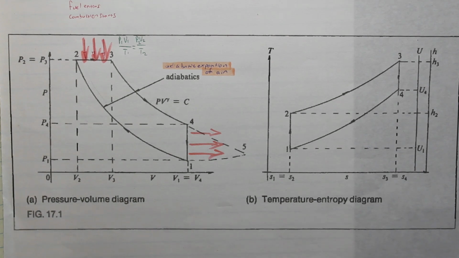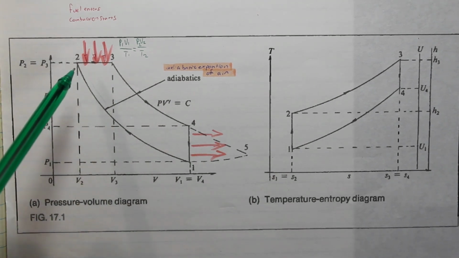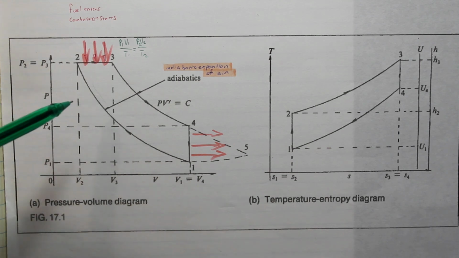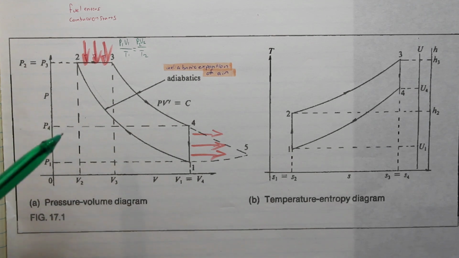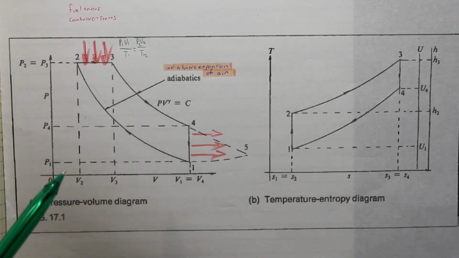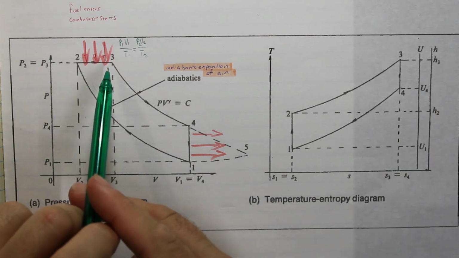If we look back at the pressure volume diagram, points 2 to 3 is at constant pressure. That's when the fuel is being injected into the cylinder and it's starting to burn. It burns at constant pressure because that cylinder starts expanding very slightly, all right?